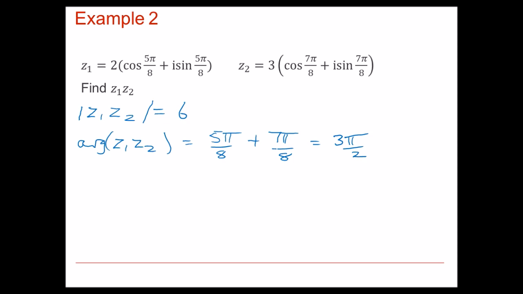Here we need to be quite careful and note that the 3 pi by 2 is greater than pi, so if we were to do a sketch, we would find that we were going to have a purely imaginary answer.